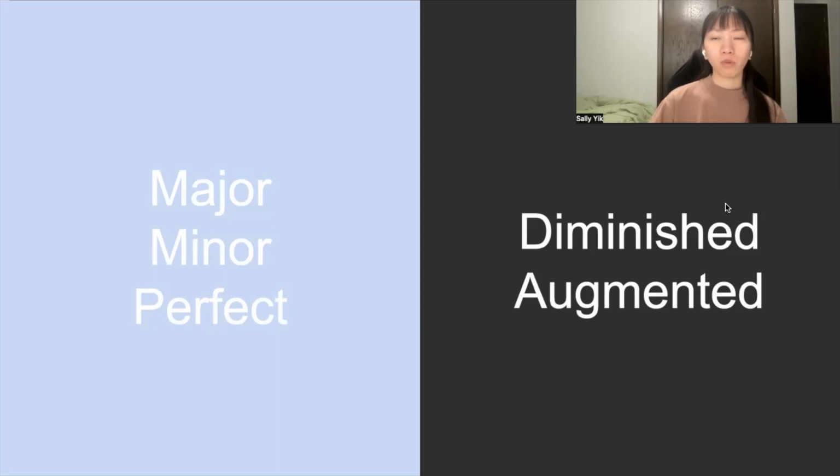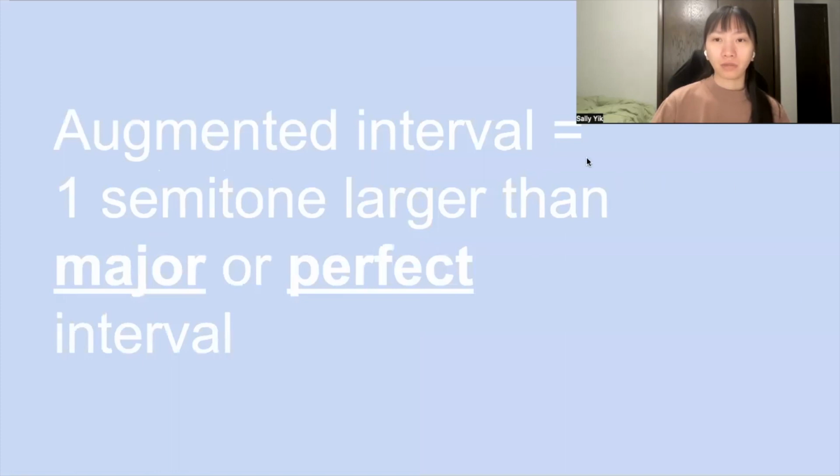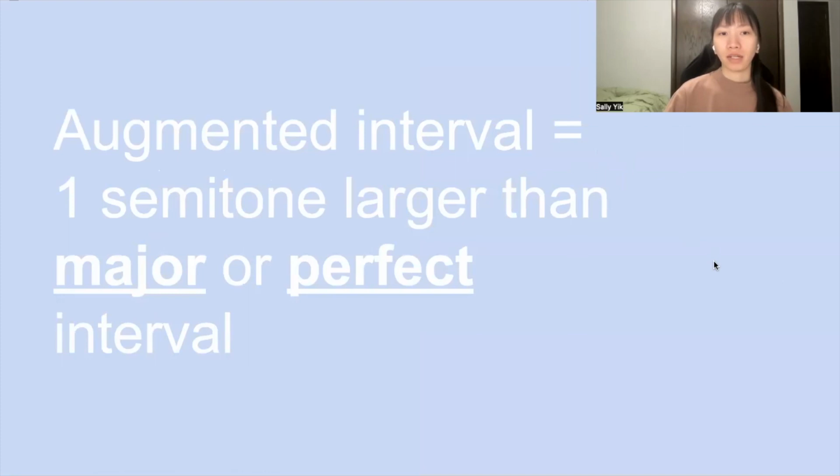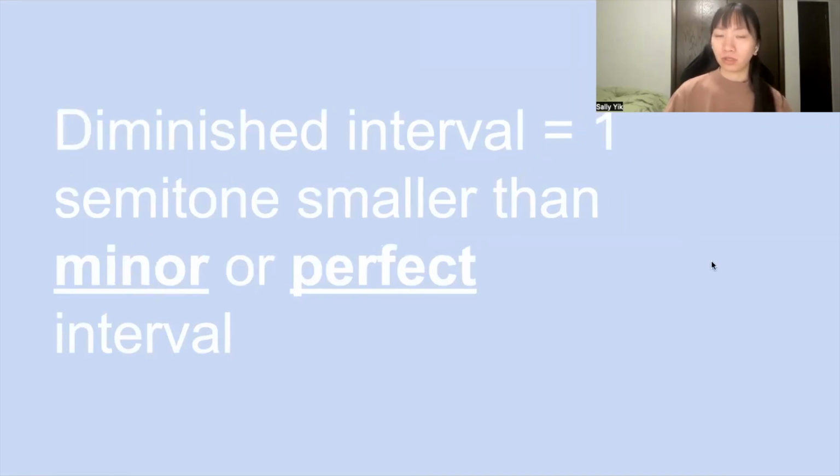So you may be wondering, what is the meaning of a diminished or an augmented interval? Let's look at some definitions. An augmented interval means an interval that is one semitone larger than a major or a perfect interval, while the diminished interval means an interval that is one semitone smaller than either a minor or a perfect interval.